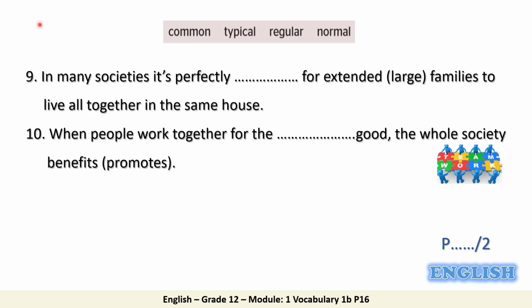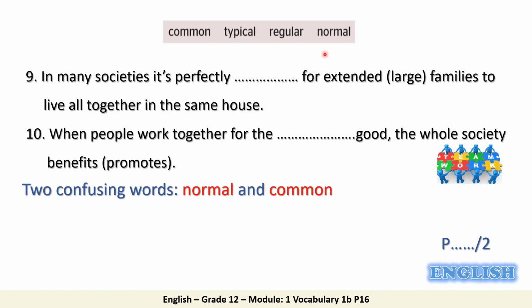As for the last set of questions, you need to study the difference between common, typical, regular, and normal. Take your time. Are you ready with the answers? You need to study specifically the difference between normal and common for questions 9 and 10.